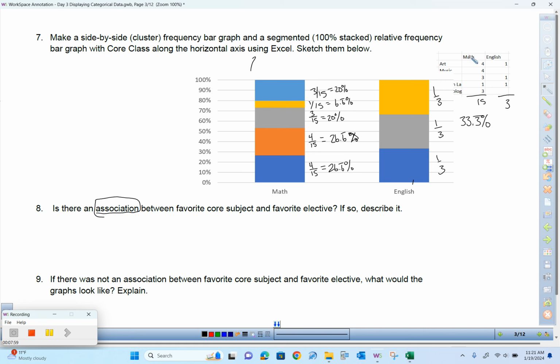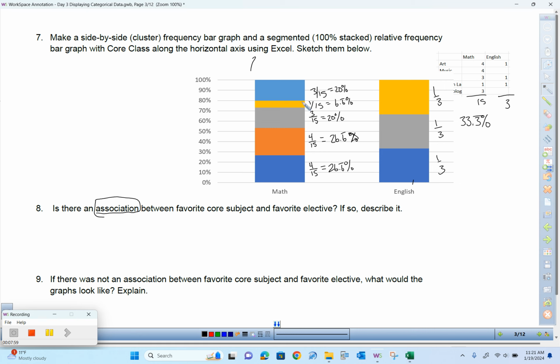So would that make the likelihood of art change? From here to here are roughly the same proportion of art students and English students showing up. And maybe that one's not super clear because they are close-ish, 26% compared to 33%.